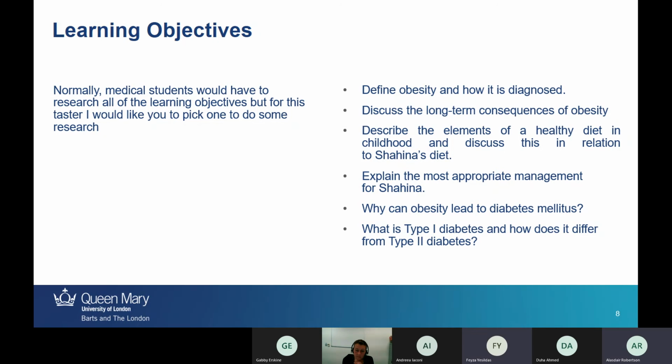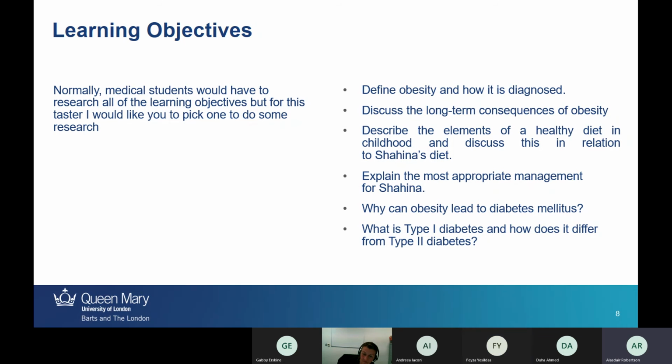I found that a healthy diet for a child should consist of 5 a day with fruits and vegetables, and their meals should be based on starchy food like potatoes, bread, pasta, and rice. They should also include some milk and dairy products as well, but not as much as Shahina's.